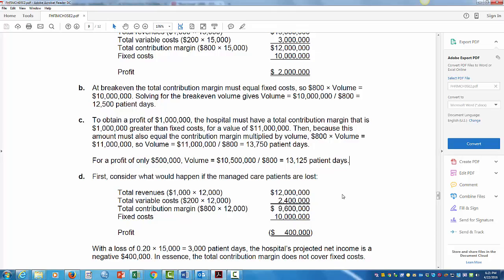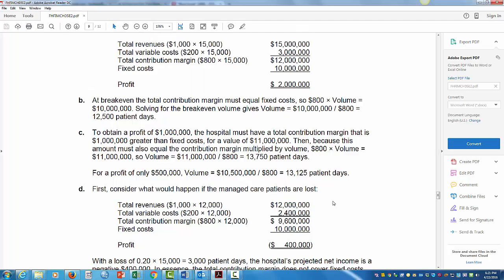So we're still going to have the same revenue per unit, variable cost per unit, and contribution margin per unit. If we have a reduction in inpatient days of 20%, now we're down to 12,000 inpatient days. So that will adjust our revenue, variable cost, and contribution margin. It will now become 9,600,000 for a contribution margin. Remember, our fixed costs do not change regardless of the level of inpatient days.